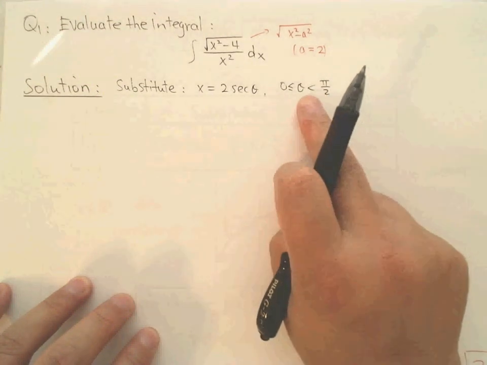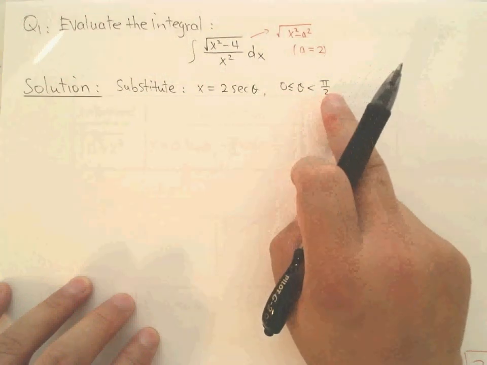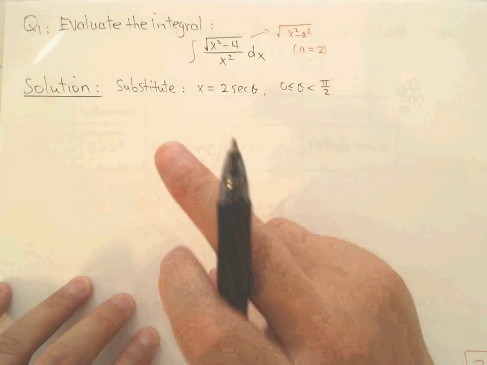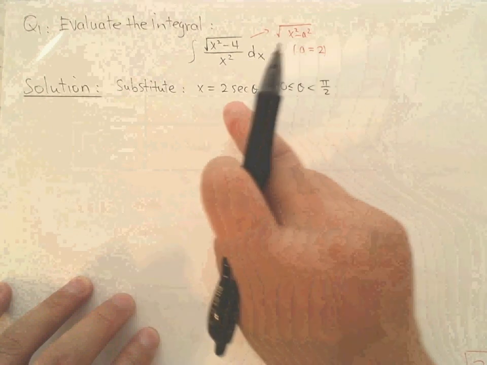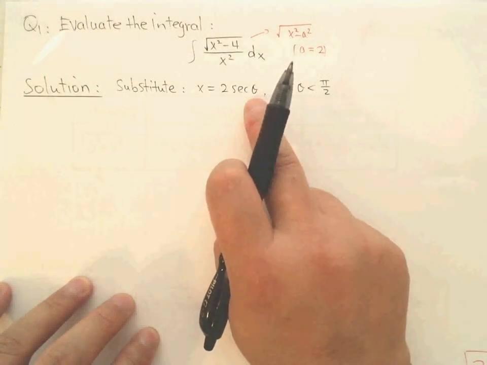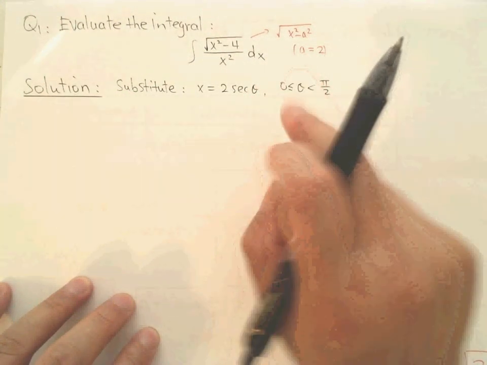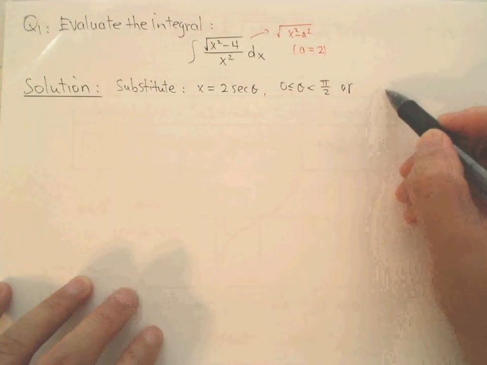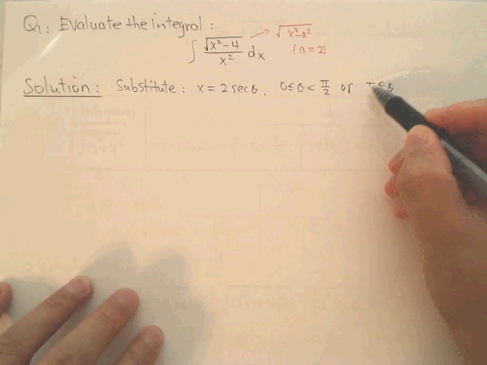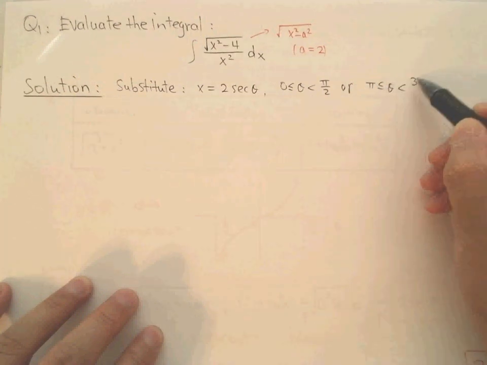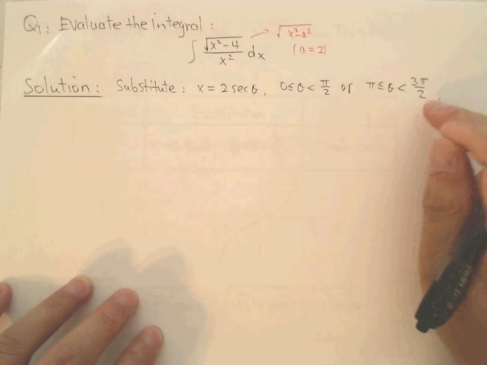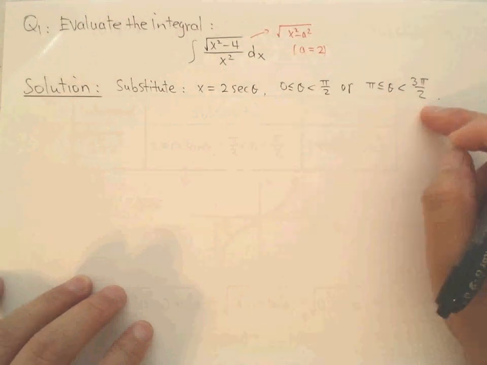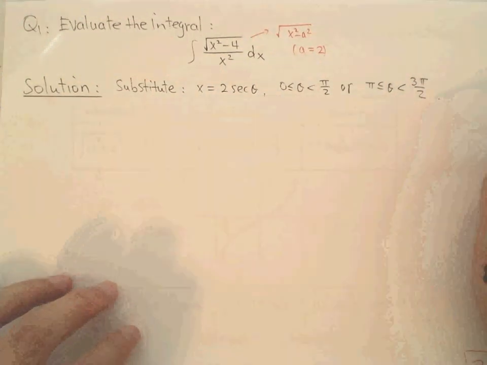Keep in mind that theta cannot be 90 degrees, and you look at the last figure, right? Because in secant theta, theta cannot be 90 degrees. Another part is theta greater than pi and less than 3 pi over 2, which also cannot be 270 degrees. Okay, the same.